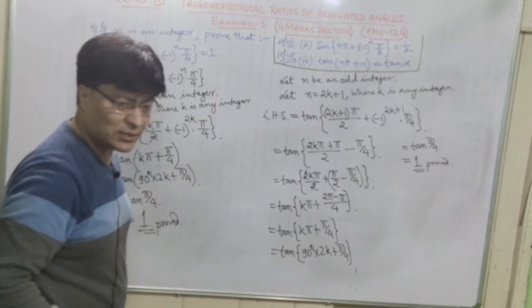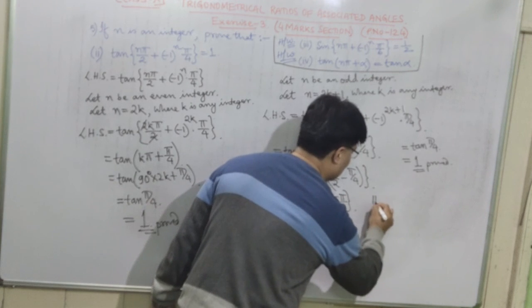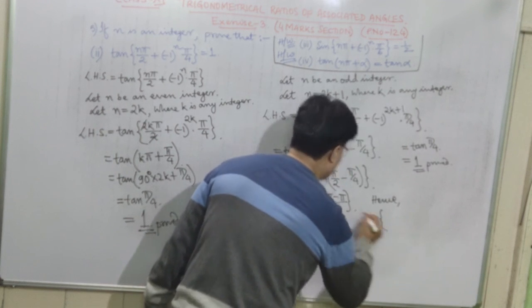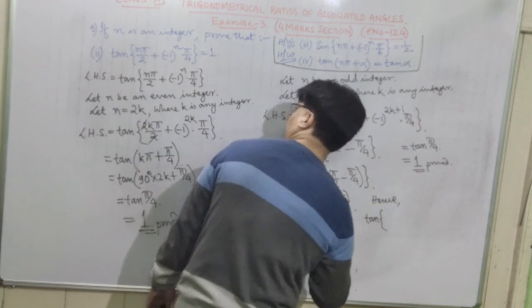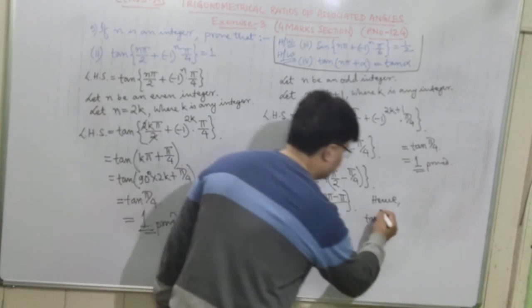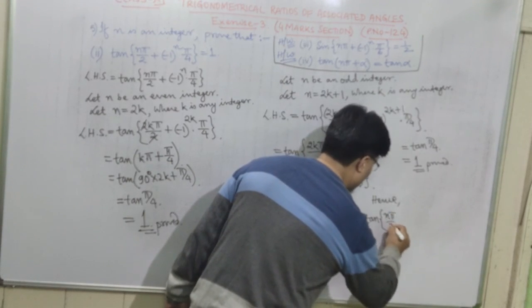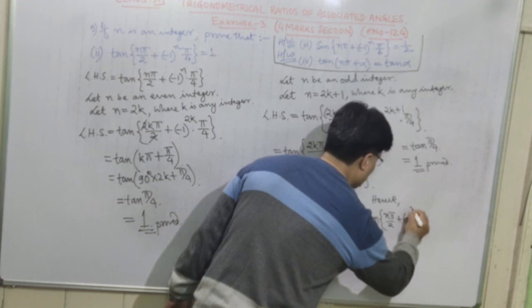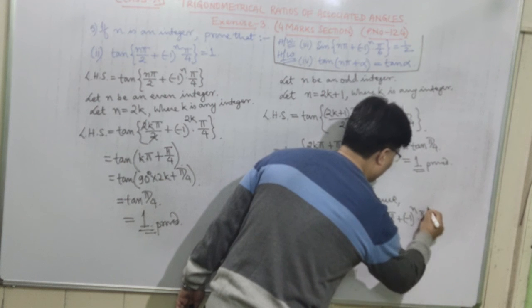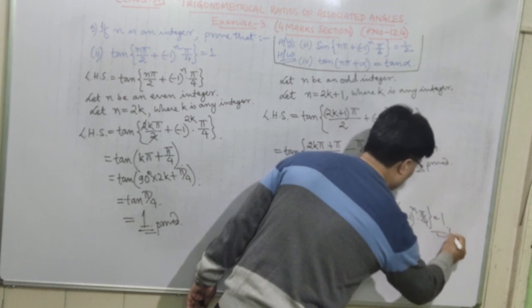I think you have understood it. So we can write here, hence, tan within second bracket. What is the question given? This is the question: n pi by 2 plus minus 1 whole to the power n into pi by 4, which is equal to 1.